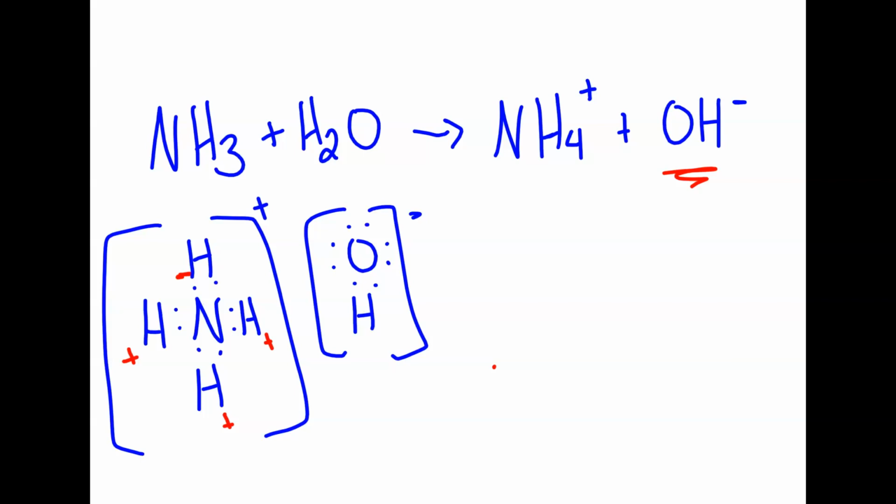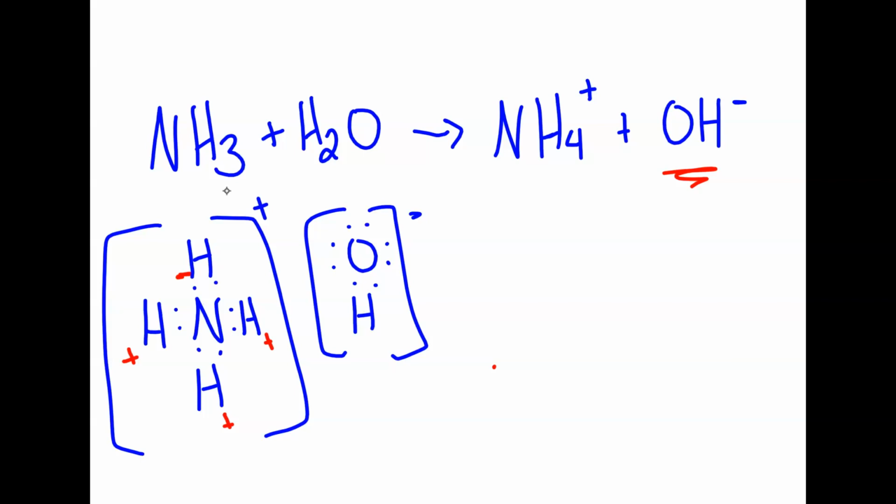But what Bronsted and Lowry figured out is that some substances actually increase the hydroxide ion concentration by taking a hydrogen off of a water molecule. And the hydroxide is what's left behind. So what they said is that this NH3 is accepting a hydrogen ion.